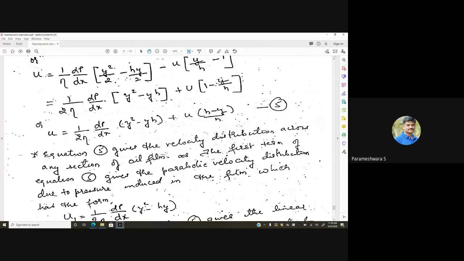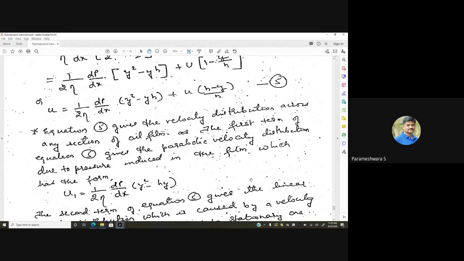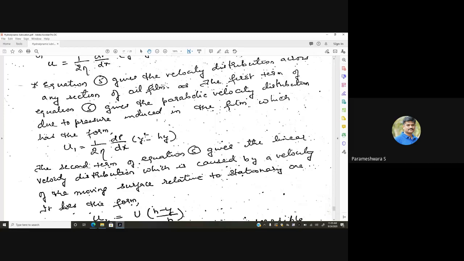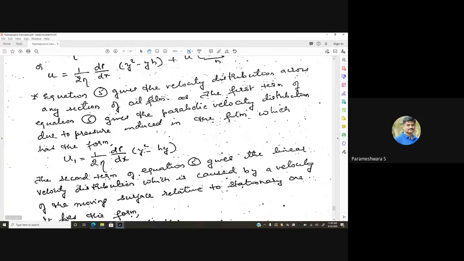The first term of equation 5, it has got two parts, first term and second term. See, this first term of equation 5 gives a parabolic velocity distribution, y square means parabolic, due to the pressure induced in the film, which has this term u1 is equal to 1 over 2 eta, where eta is viscosity, dp by dx into (y square minus hy). And the second term gives linear velocity distribution.